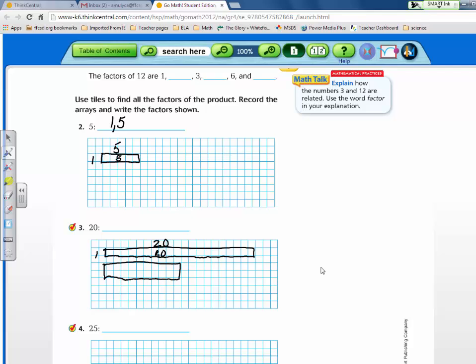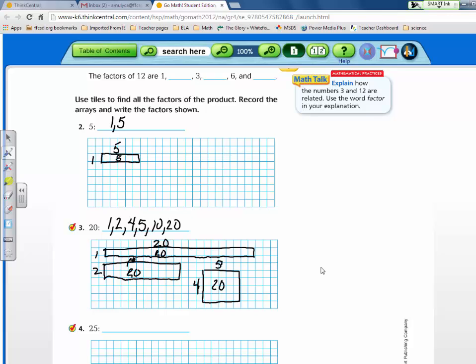And that would also give me 20. I could also do a 4 by 5, and that gives me 20. So my factors for 20 are 1, 2, 4, 5, 10, and 20.